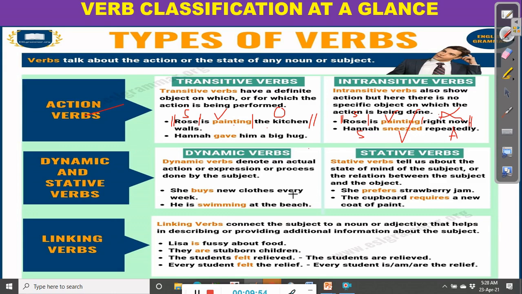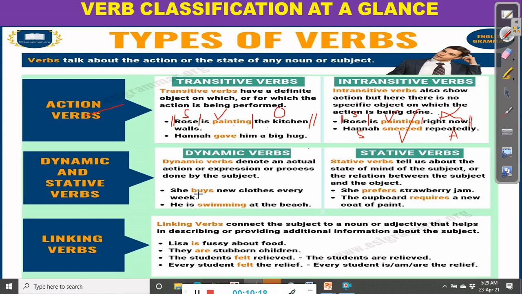She buys new clothes every week. The word buys expresses action. It's an action. And if you look at dynamic verbs, you can see that they are responsive to changes in the tenses.